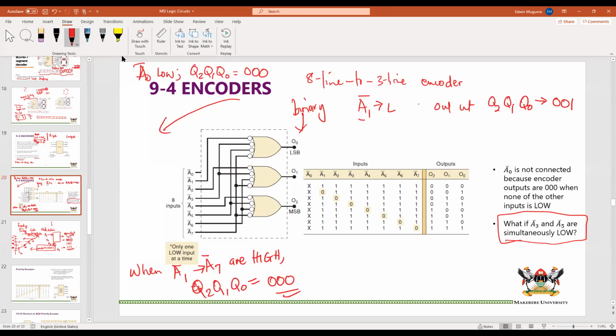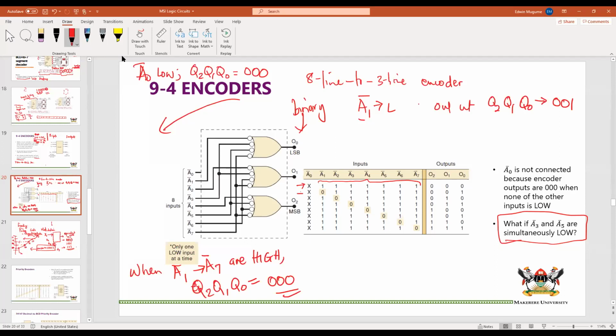When A naught is unconnected, we don't care. But as long as all the others are one, our output Q2, Q1, Q naught is 0, 0, 0. That is the case for A naught, whether it is connected or not. So that's why we do not connect it.